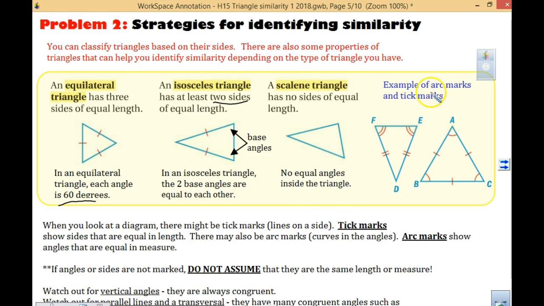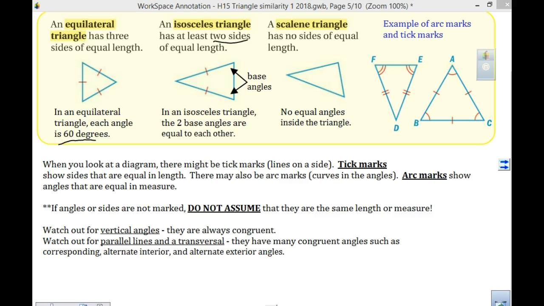So, examples of how our arcs and tick marks work. These two are telling us these two sides are the same length. This tells us all three sides are the same. We need to make sure that the tick marks that we're looking at show equal sides. These arc marks, the curves, are going to show us when we have equal angles.